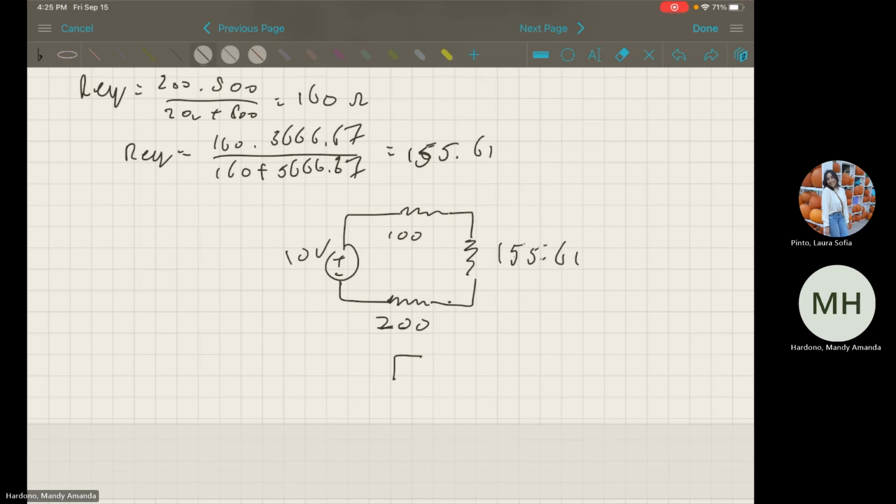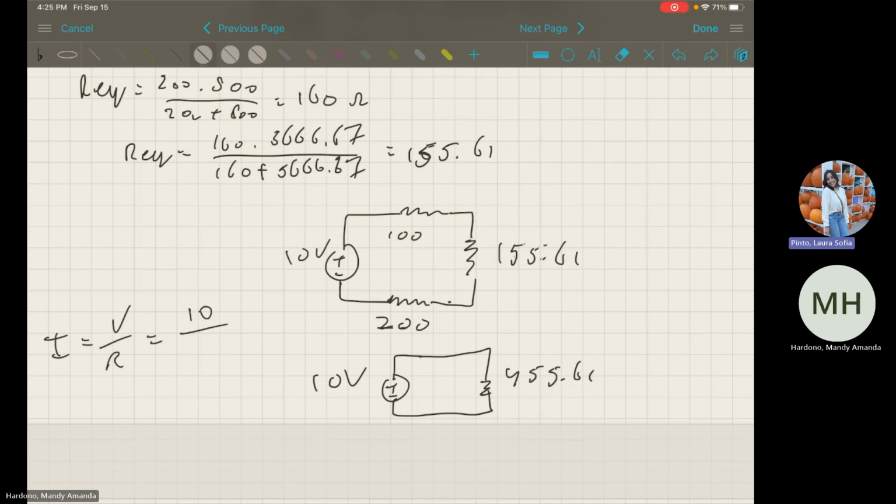Yes. One resistor right here, 455.61. And to calculate I, which is the original question, we use V over R, which is then 10 over 455.61. And that is then your final answer.